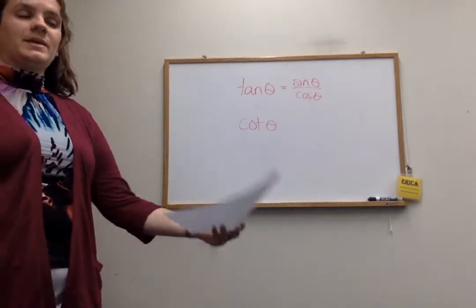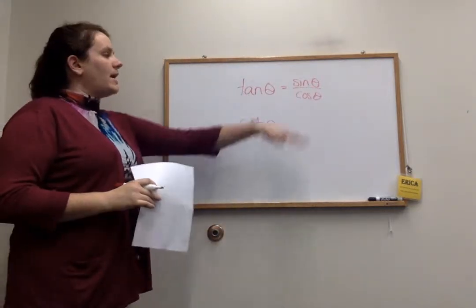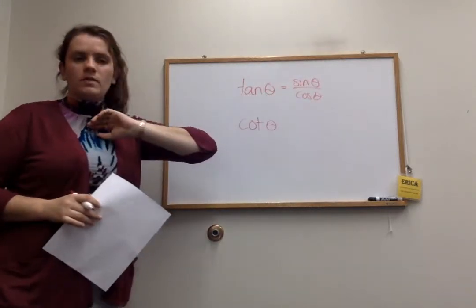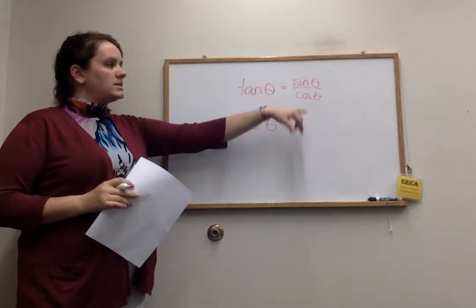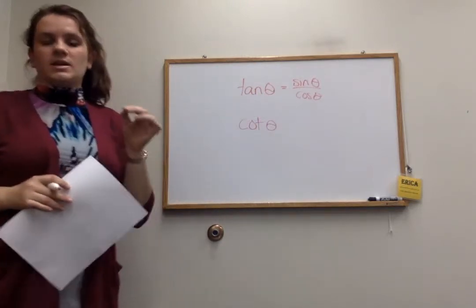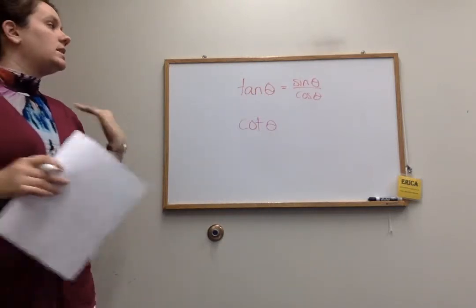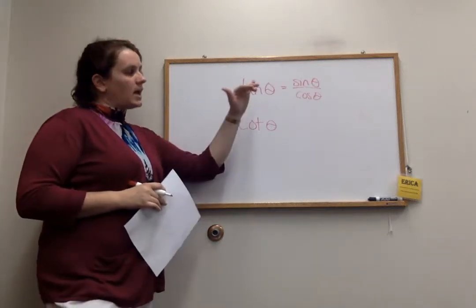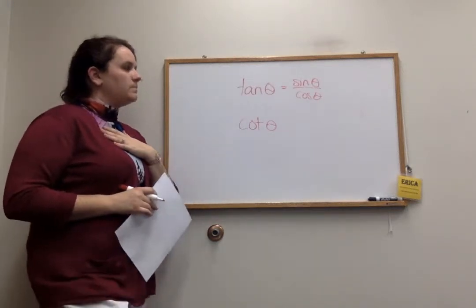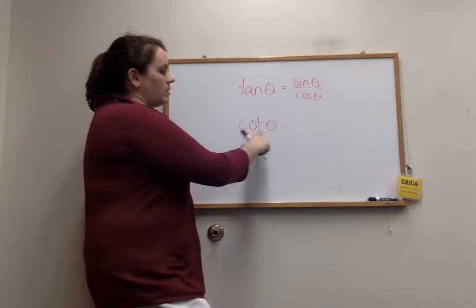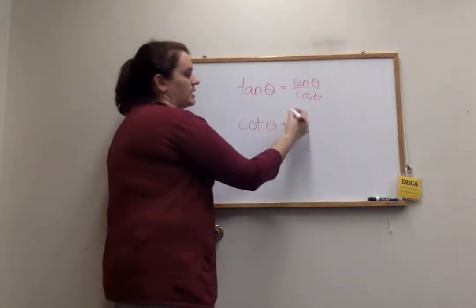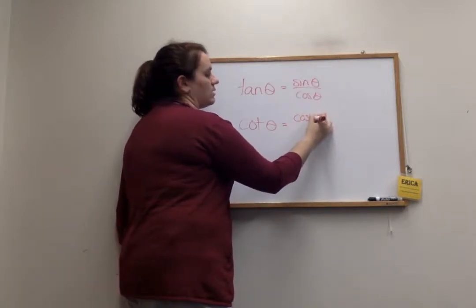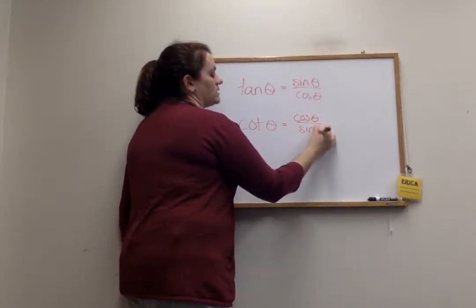So when trig was being invented, right, we had a sine and a cosine curve, and they said, let's have another trig function that represents the ratio of sine to cosine for any given angle. So that is literally what tangent is. It is the sine over the cosine. And then cotangent, since it's the reciprocal, we know it's just the opposite of tangent, which is going to be cosine over sine.